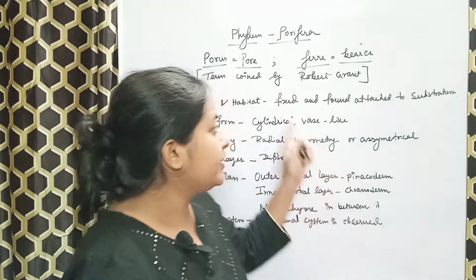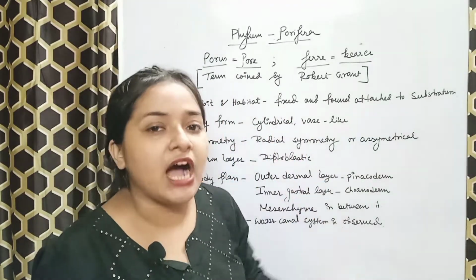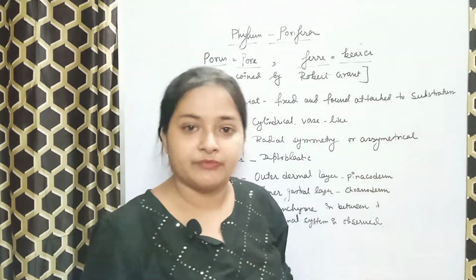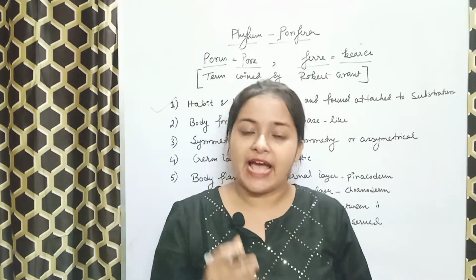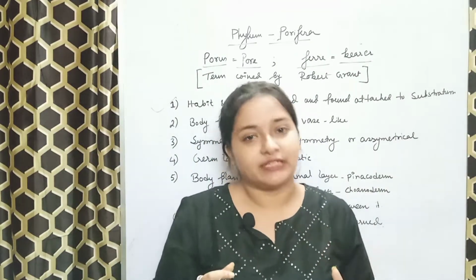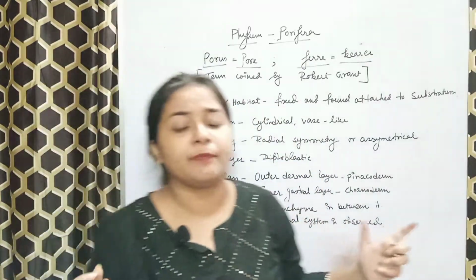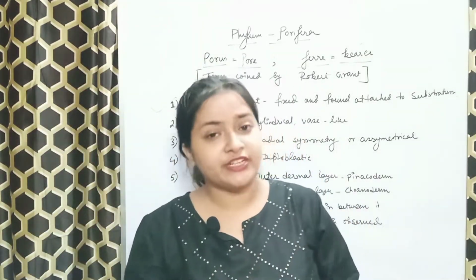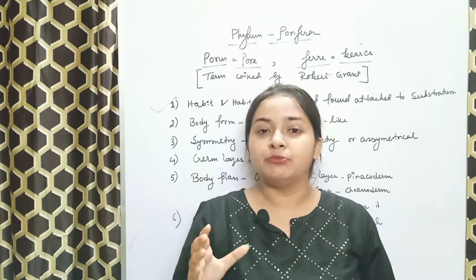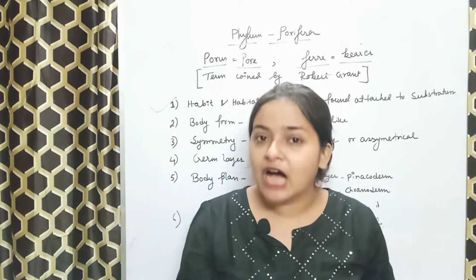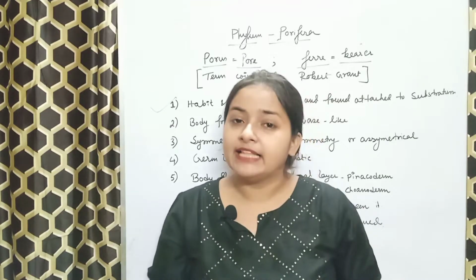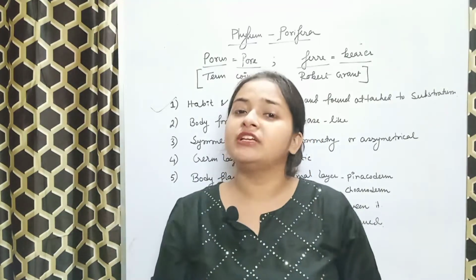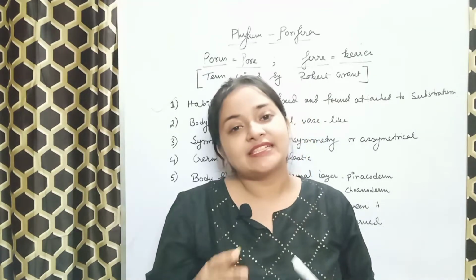They are usually found attached to the substratum, fixed in a particular place. This is another feature of phylum Porifera. So the first feature is a pore bearing body, and next, in habit and habitat, these are sessile, cannot move, and usually attach to their substrata.